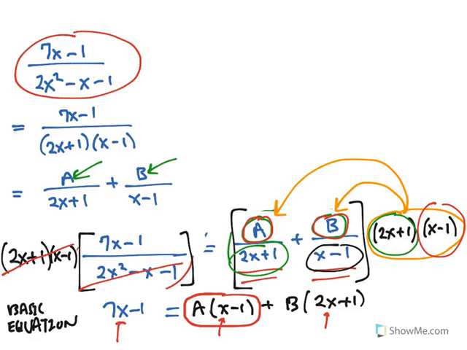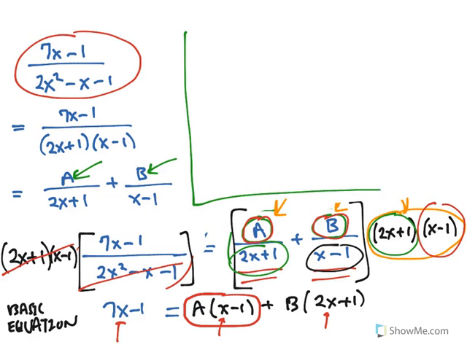So if you choose x to be 1, then the term that I circled in red will become 0. So let's go ahead and do that. So we're going to let x be equal to 1.